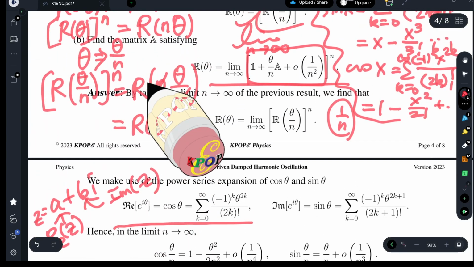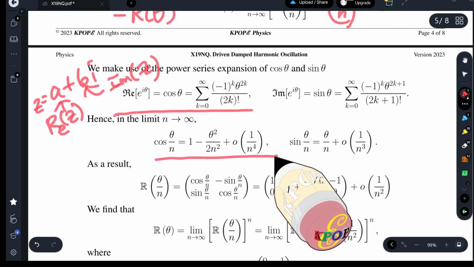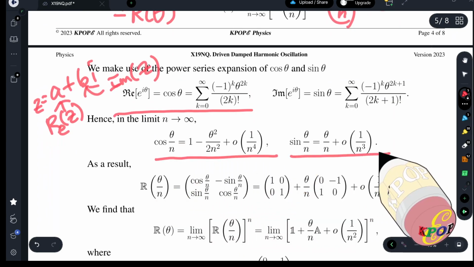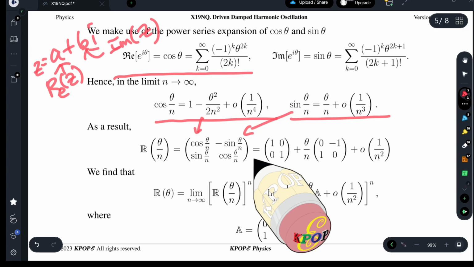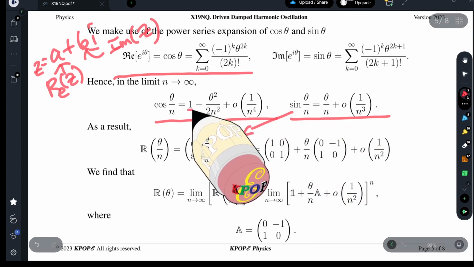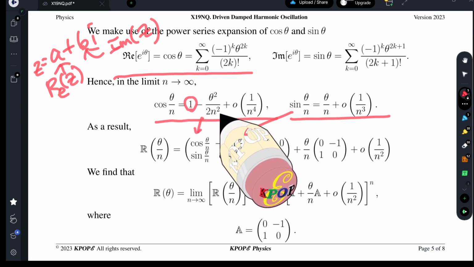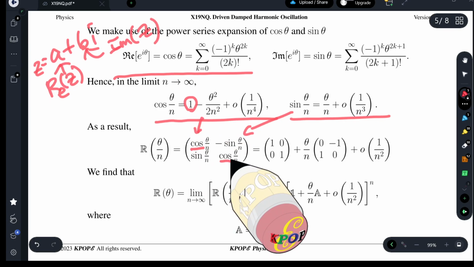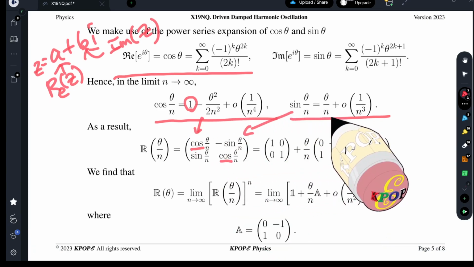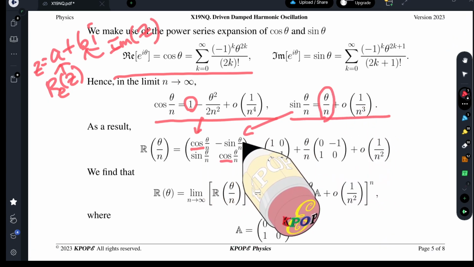As we already stated in here, power series expansions of cosine and sine are given in here. So I can substitute these values in this matrix. By the way, cosine has the theta independent term, I mean the n independent term. That is unity for the diagonal element. And then there is a linear term, theta over n, that appears in the off-diagonal terms.